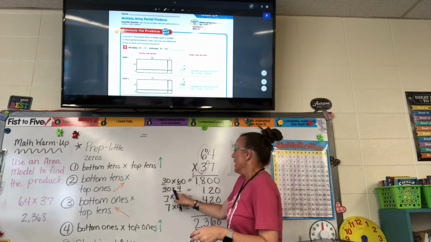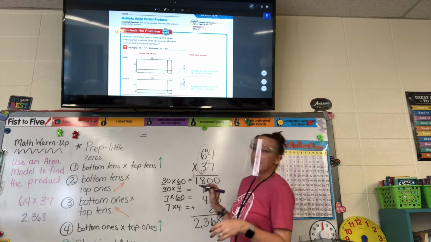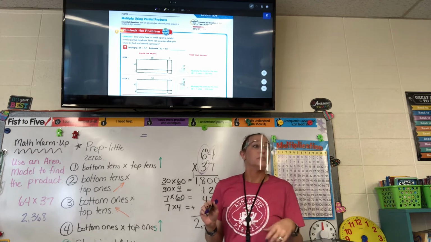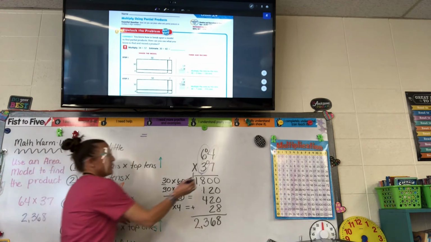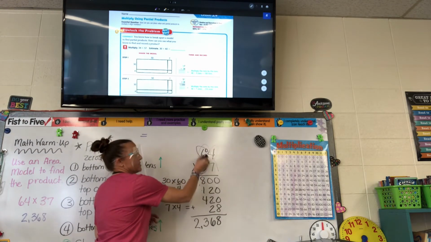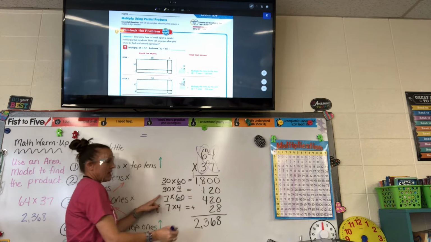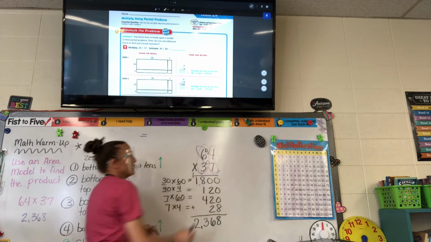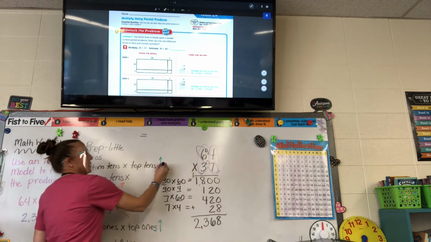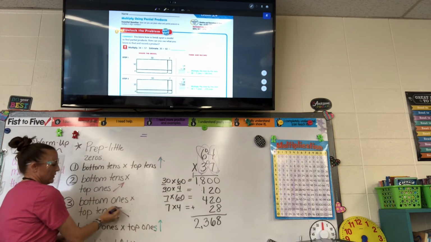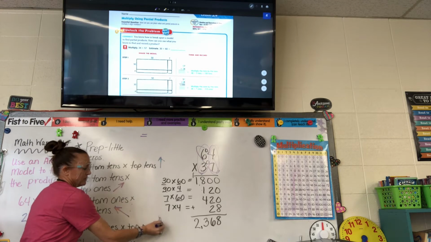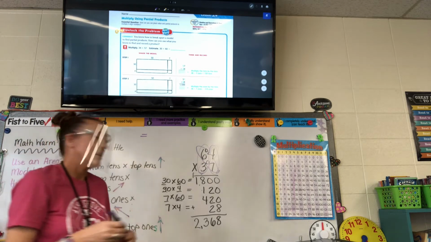And then we move over to this guy, the 7, and we have to multiply him by both of the numbers on top. So we start here, 7 times 60, and then 7 times 4. So it's kind of like we go up, and then over, and then over, and then up. It's a pattern, okay?